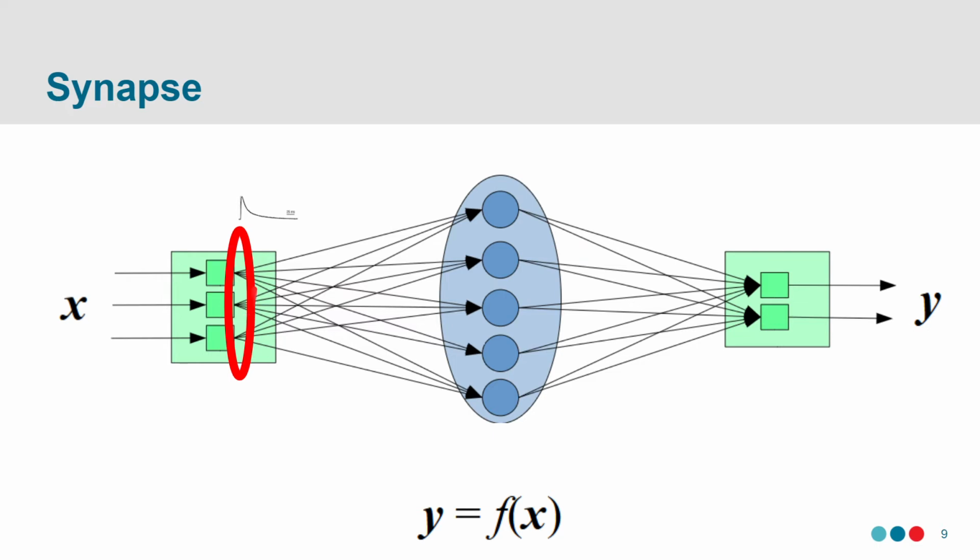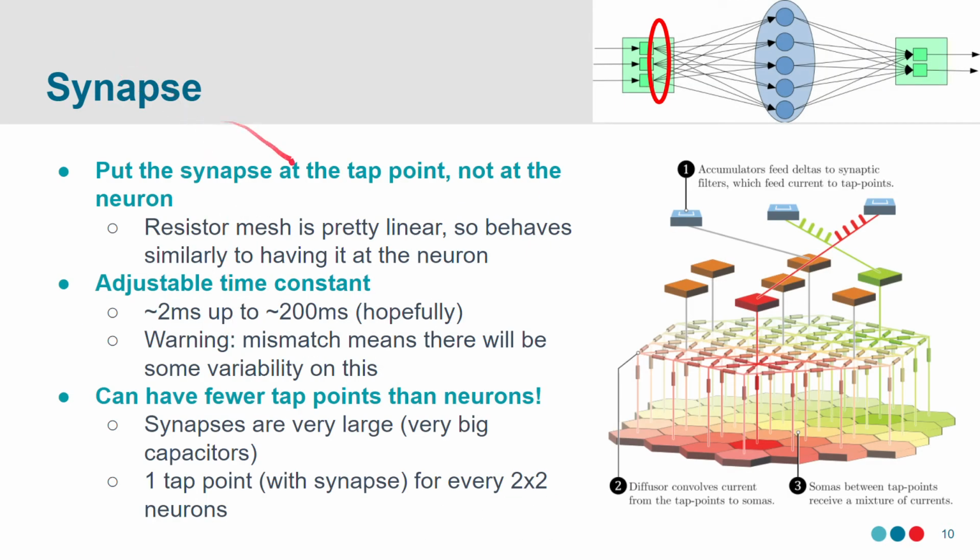Because the resistor mesh is basically linear, this is a safe thing to do. It's not going to change the behavior of anything. But now we have fewer synapses to deal with, because I now only need a synapse at the places where I'm injecting input. I only have to put synapses at the tap points, not at the neurons.